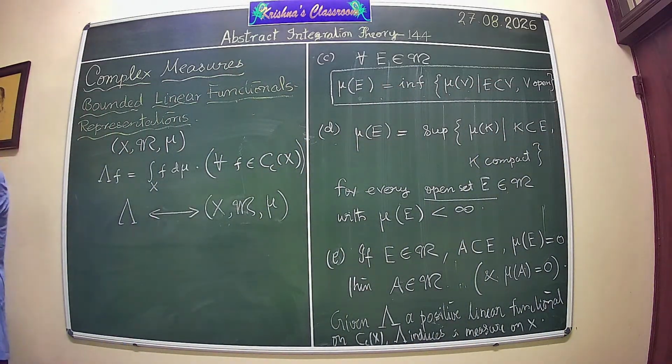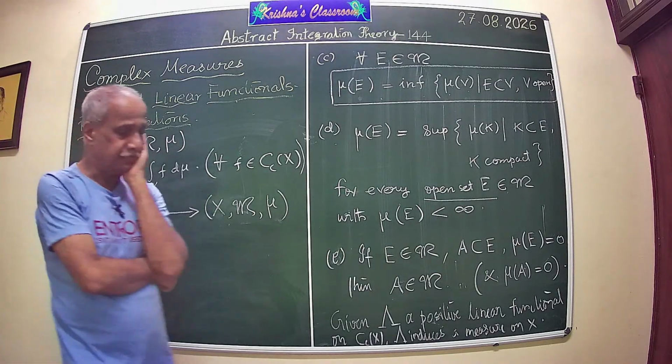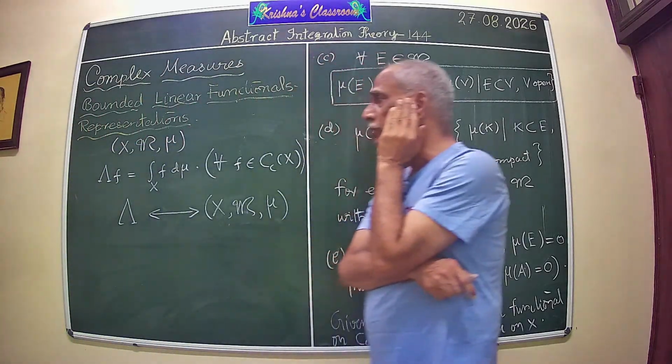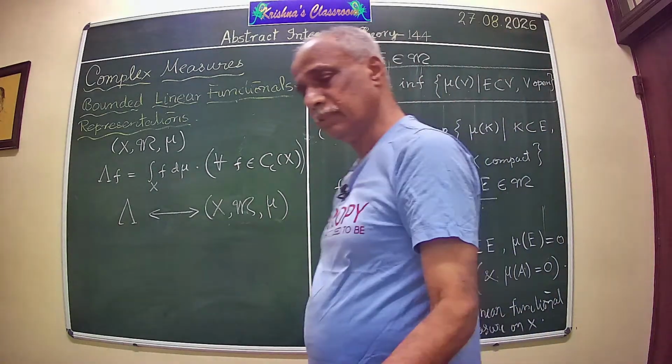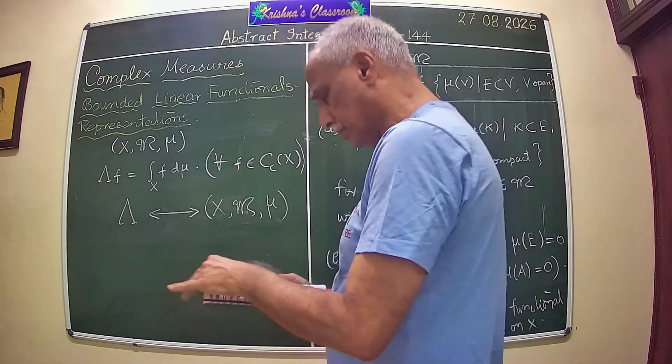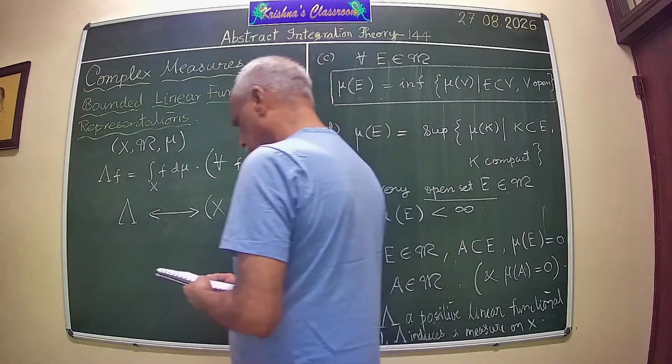Okay, the clue is this: if mu is a complex measure, then you have this representation theorem.